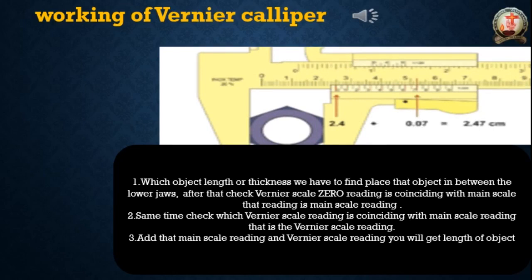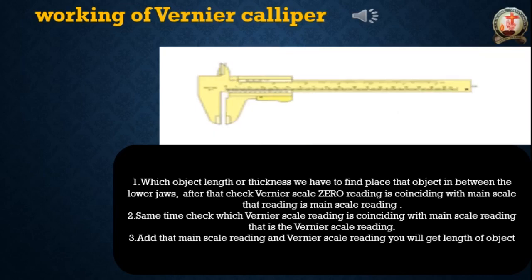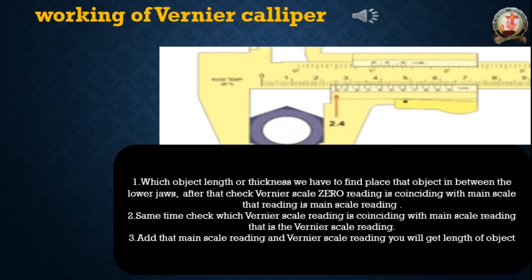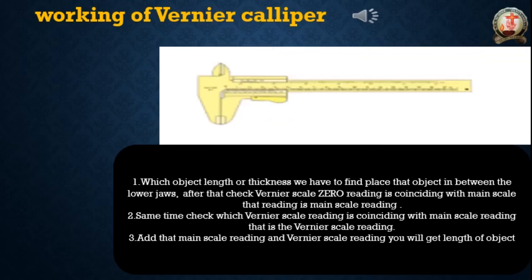In that remaining 9 lines, only one line will coincide with one more main scale reading. The line which is coincided with the main scale reading, that you have to take as the vernier scale reading.